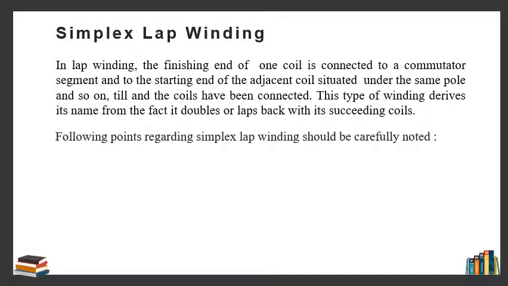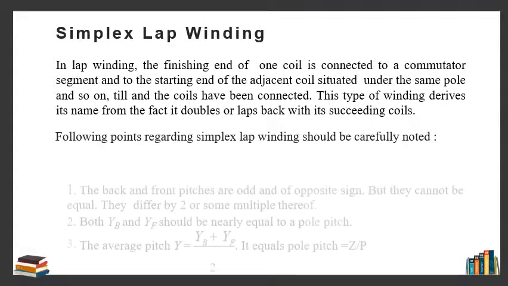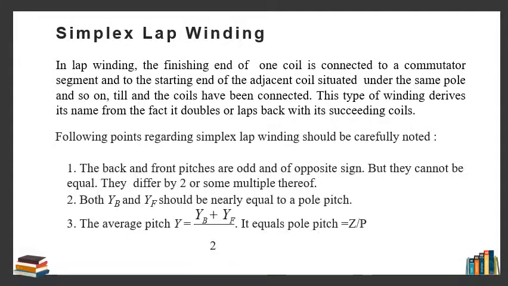The following points regarding simplex lap winding should be carefully noted. Number 1. The back and front pitch are odd and of opposite sign, but they cannot be equal. They differ by 2 or some multiple thereof.